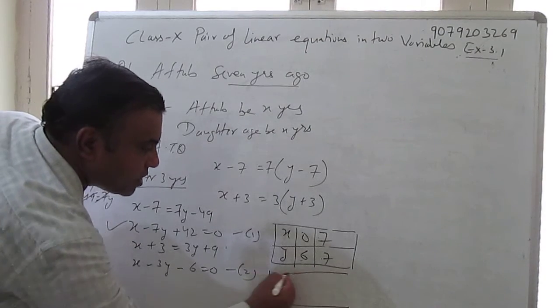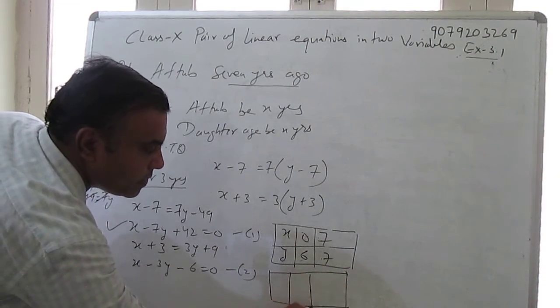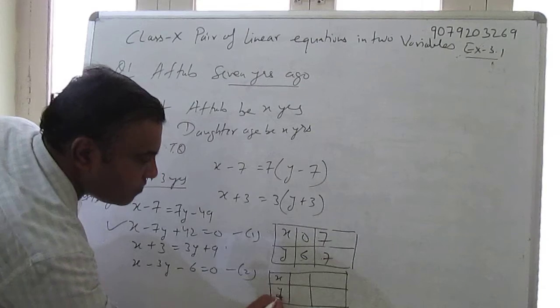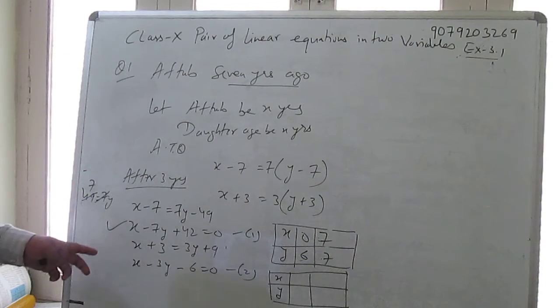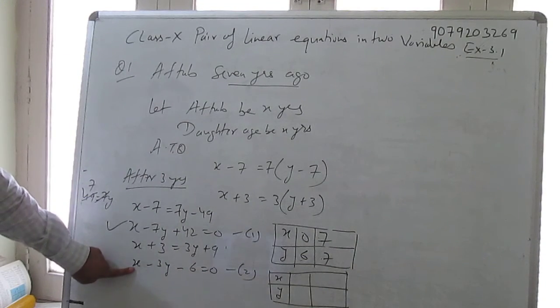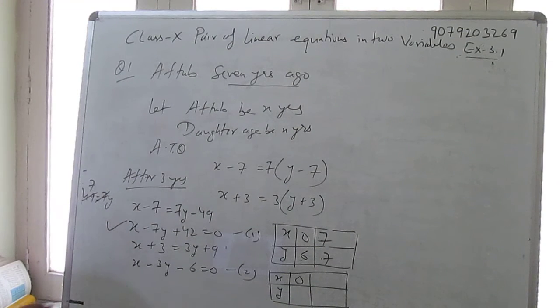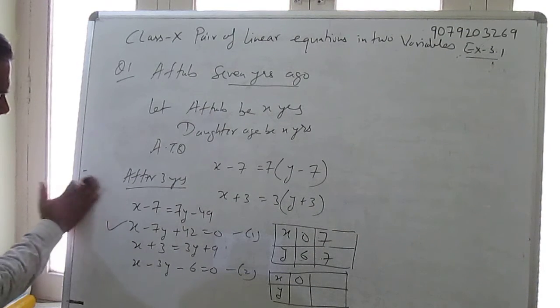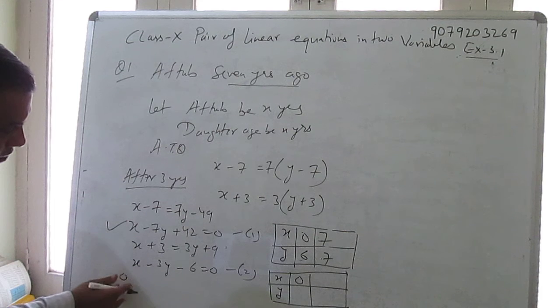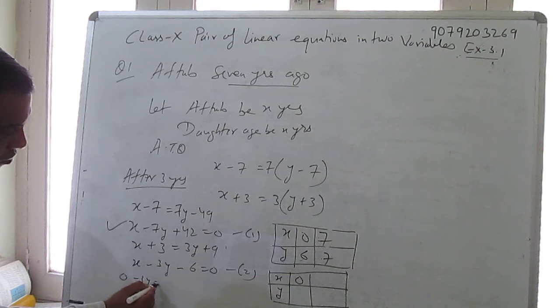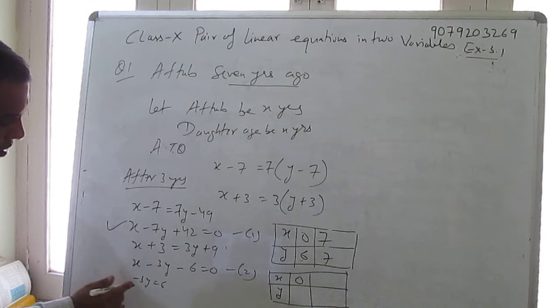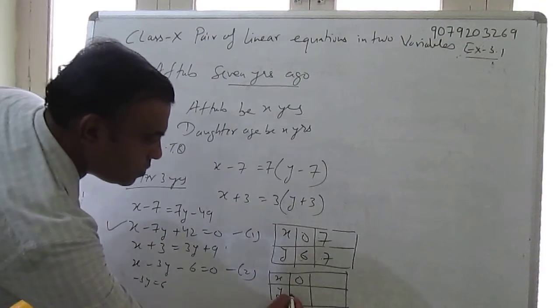For the second equation, x, y. Now see here, if I take x 0, what does y become? If I take x 0, then minus 3y is equal to 6, so y is equal to minus 2.